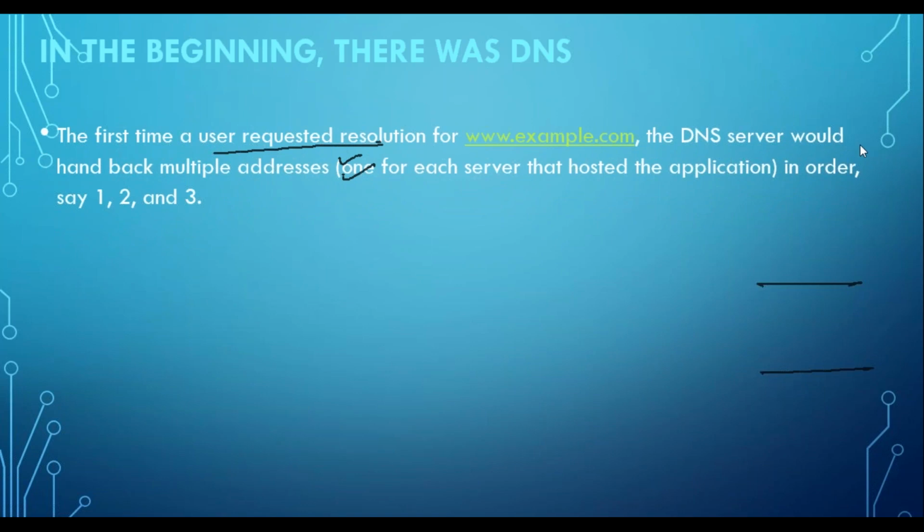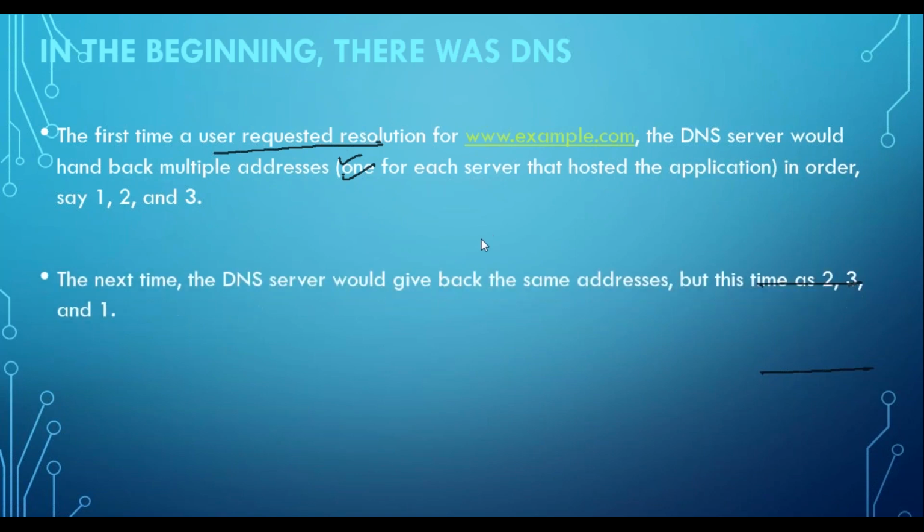The DNS server would hand back multiple addresses, one for each server that hosted the application, in order of record creation. The next time, the DNS server would give back the same addresses in a different sequence. So your client would try to connect to the first preferred IP address.